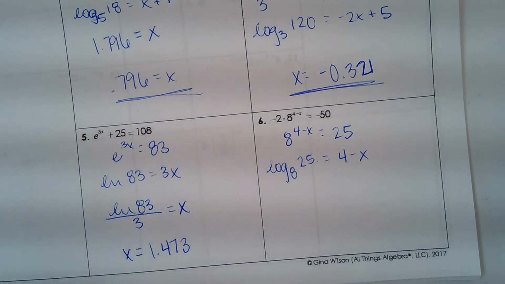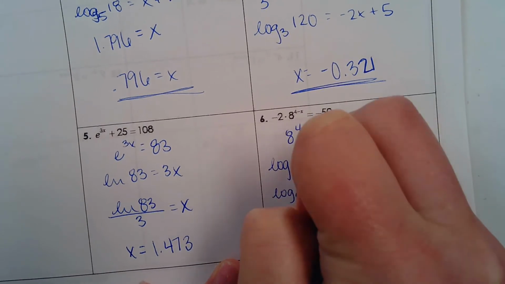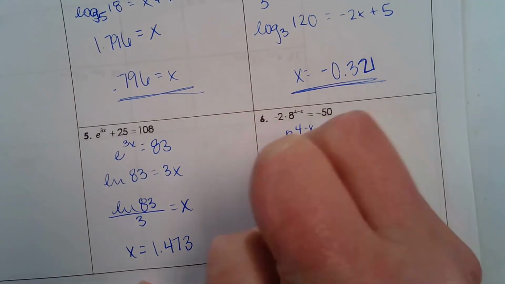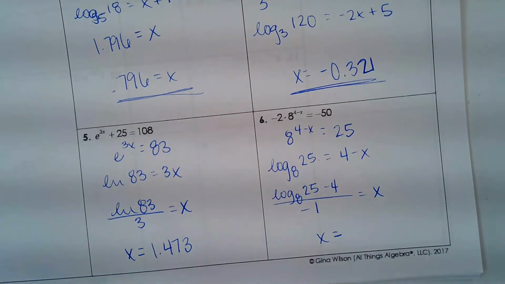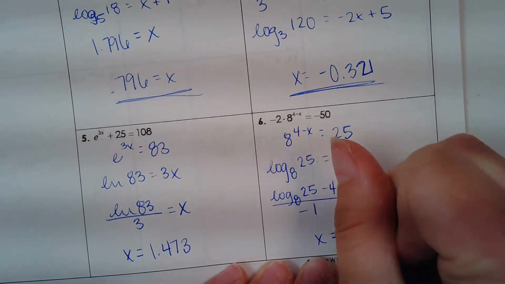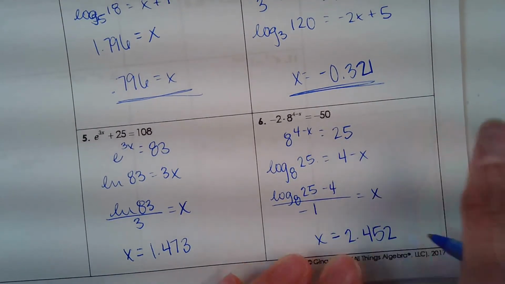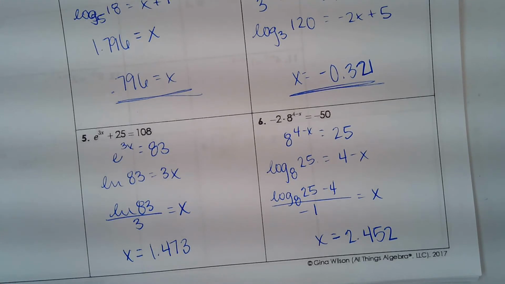So then we'll subtract 4, divided by -1. And I got 2.452. Are we okay with all those?